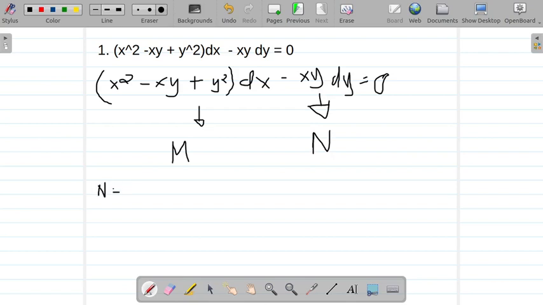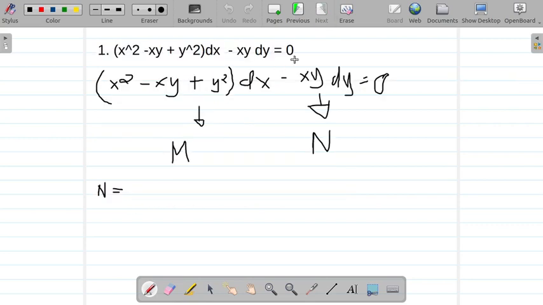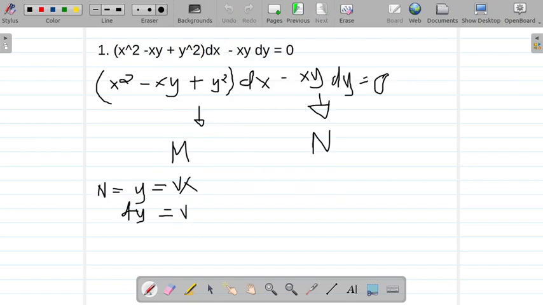So using sa kani siya nga solution, n is simpler, so y is equals to vx. Then derivative of y is equals to v dx plus x dv.